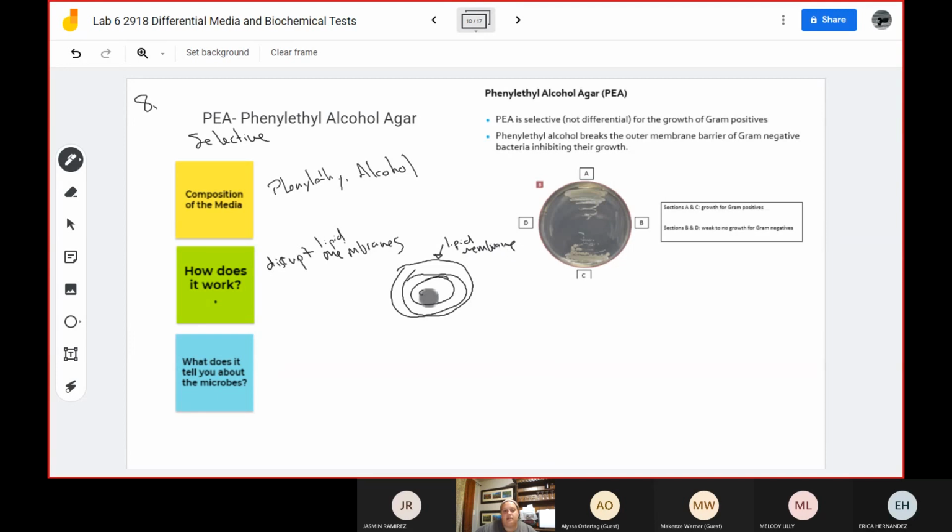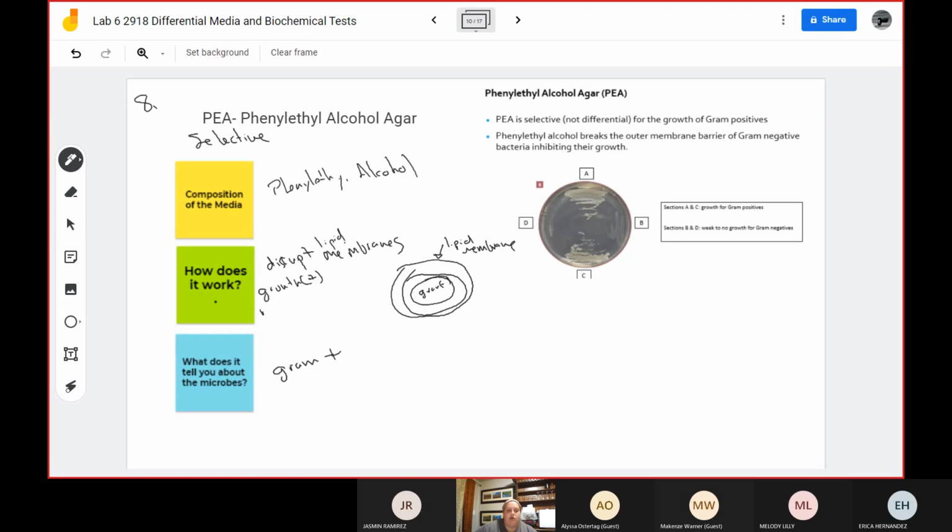So this is a gram-negative. It's a really bad picture of it. So this particular agar, because it has this phenylethyl alcohol and it'll disrupt lipid membranes, it'll actually disrupt this outer membrane on gram-negatives and cause them not to grow. So it is actually selective for gram-positive.